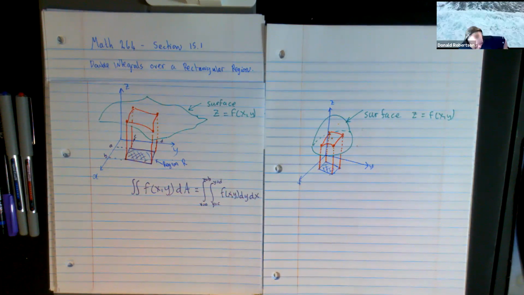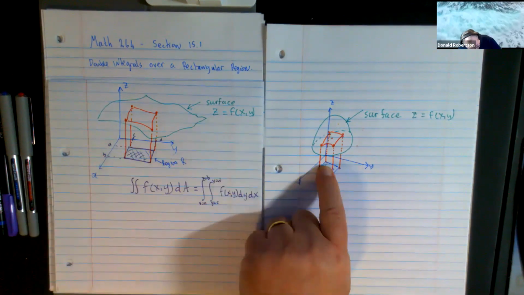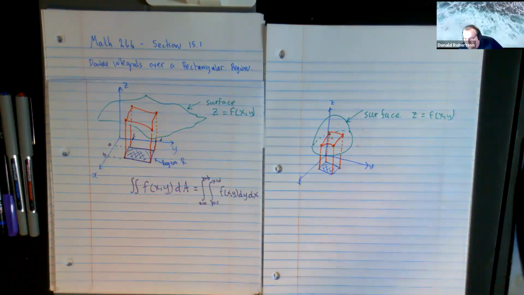What you have here is my very badly drawn picture, and then I had another try and it was just as bad, of trying to show you what you are getting geometrically when you calculate a double integral over a rectangular region.